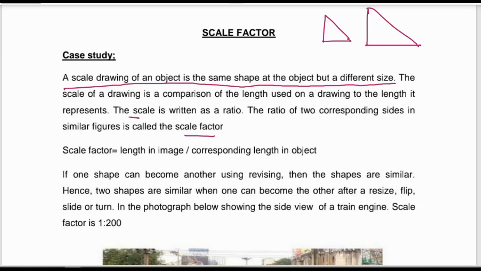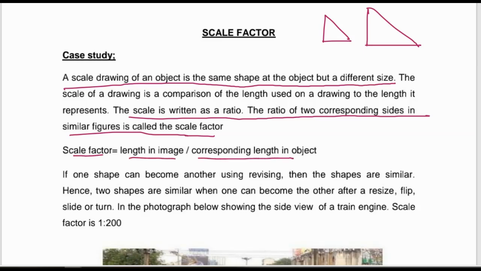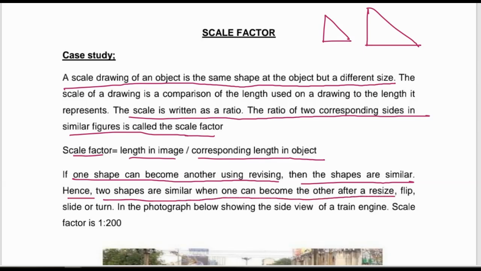Scale factor is the length in the image divided by the corresponding length in the object. If one shape can become another using resizing, then the shapes are similar. Hence, two shapes are similar when one can become the other after resize, flip, slide, or turn.